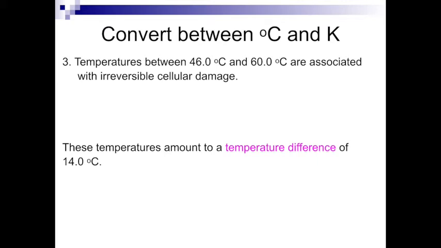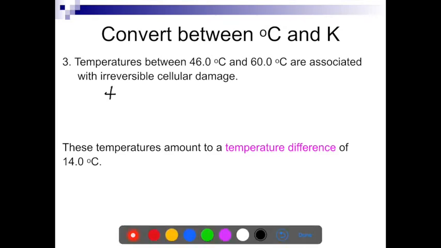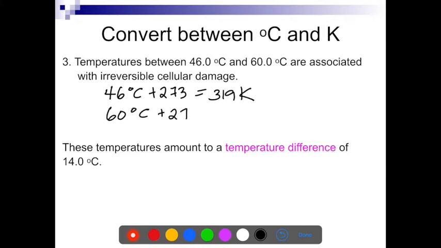In the next question, we are being asked to convert 46 degrees Celsius and 60 degrees Celsius to Kelvin. So that will be 46 degrees Celsius plus 273 is equal to 319 Kelvin, and 60 degrees Celsius plus 273 is equal to 333 Kelvin.